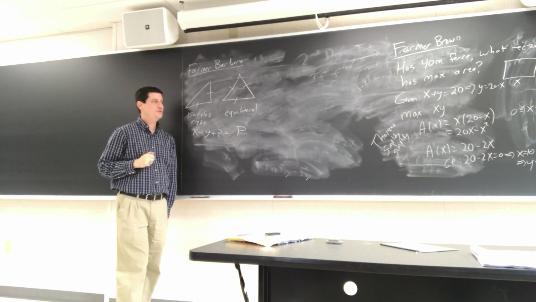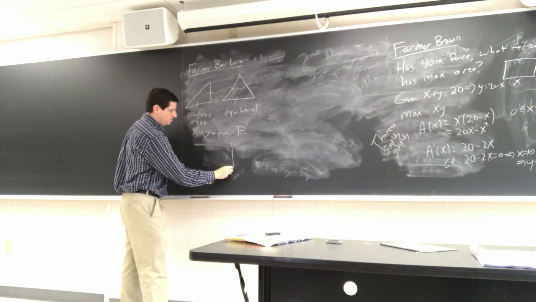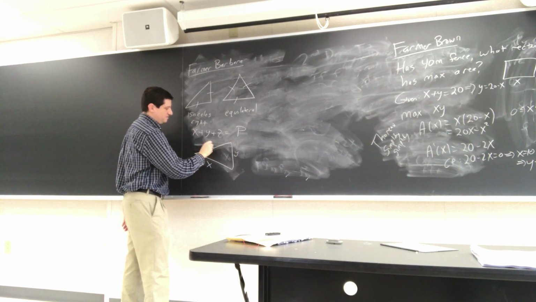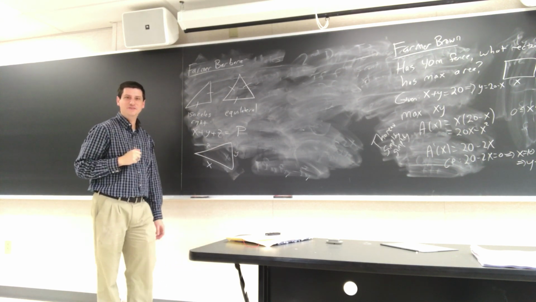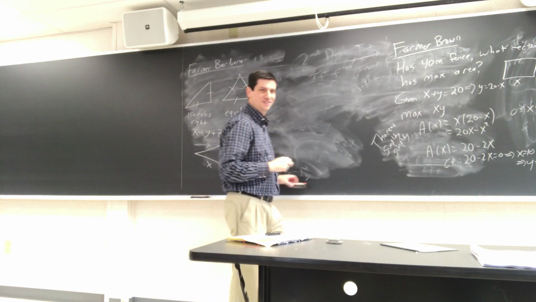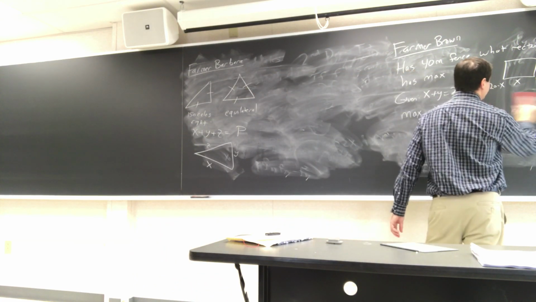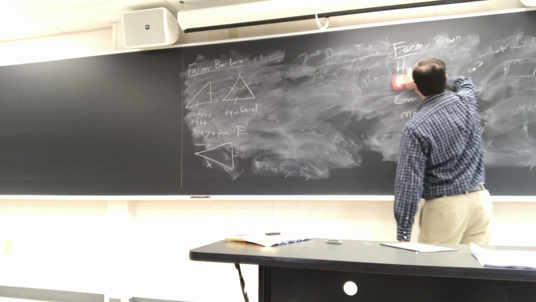Does anybody remember the formula for a triangle with sides x, y, and z? There is a formula for the area of a triangle in terms of x, y, and z. If you think about it, if I tell you the sides, does that uniquely determine the triangle?